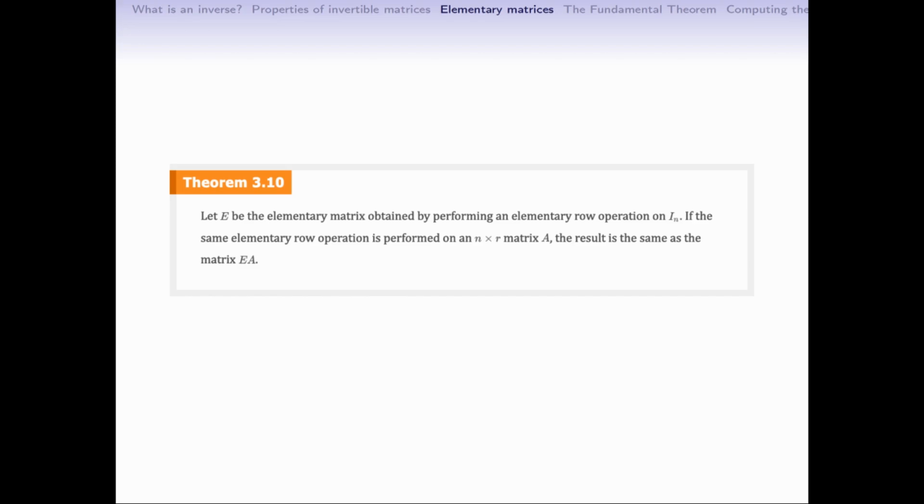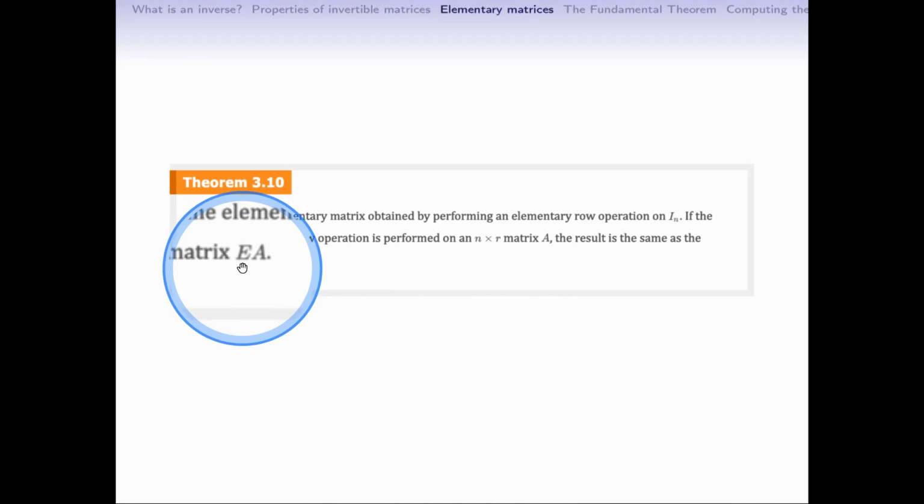If the same elementary row operation is performed on an n by r matrix A, the result is the same as the matrix E times A. To put it another way, multiplying on the left by an elementary matrix has the same effect on the matrix A as performing the underlying elementary row operation. So we can perform elementary row operations in effect by multiplication on the left by an appropriate elementary matrix.